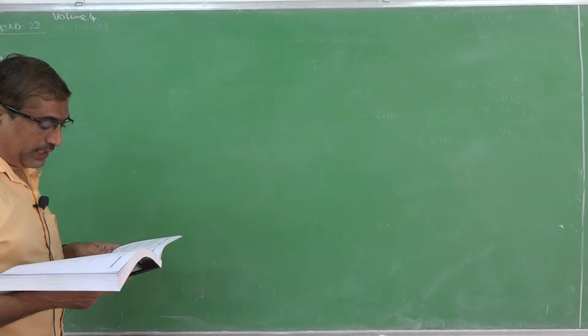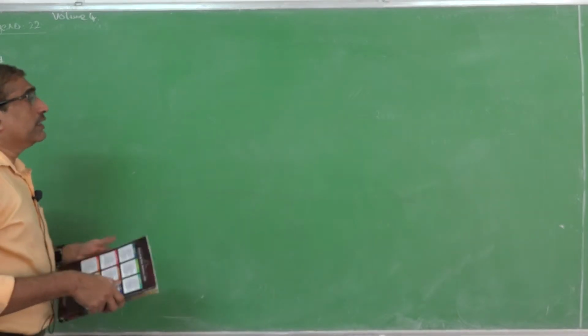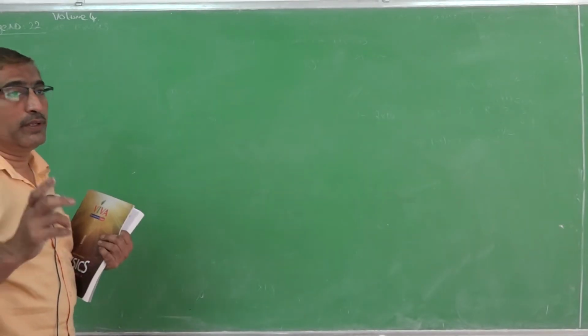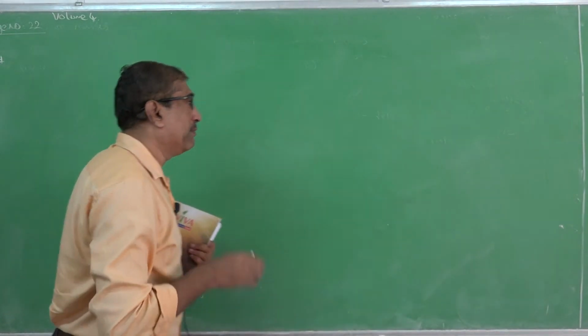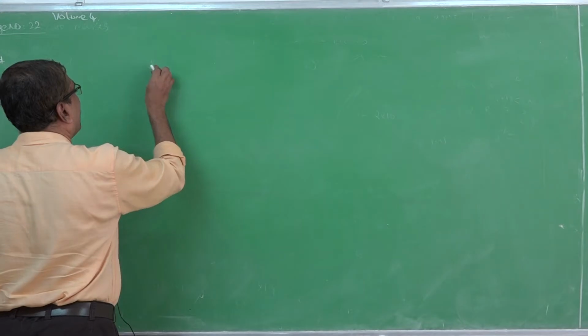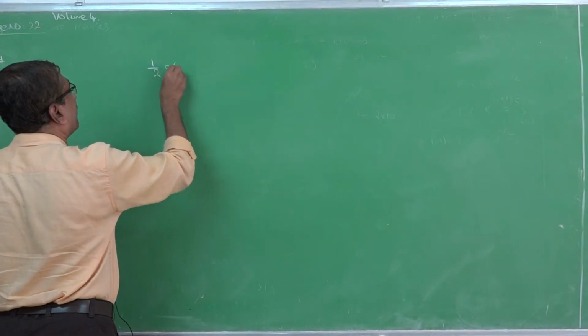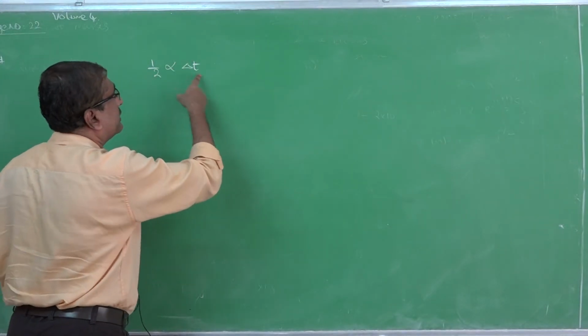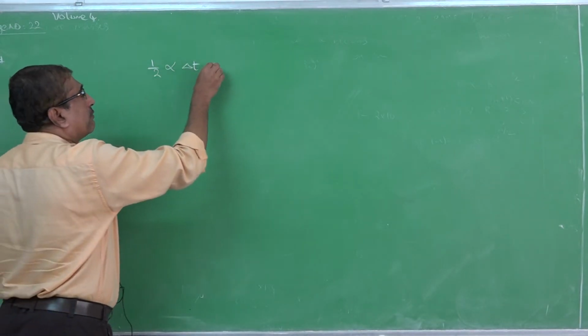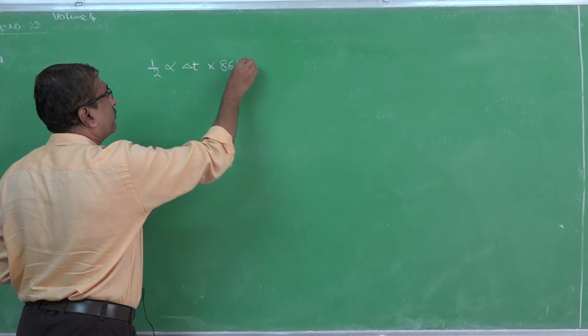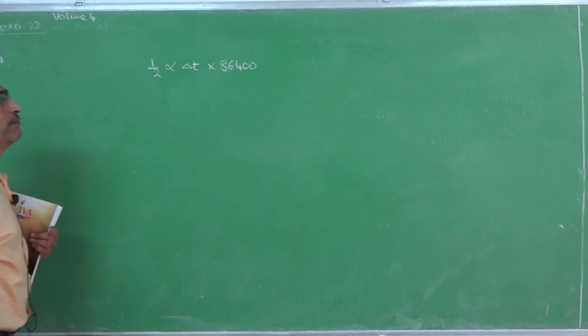Now assume that a pendulum clock goes fast or slow by, per second, it will be 1 by 2 alpha delta t. This is per second. So, if you calculate per day, it is multiplied by 86400. This is the formula.